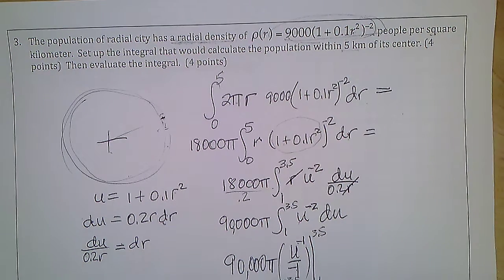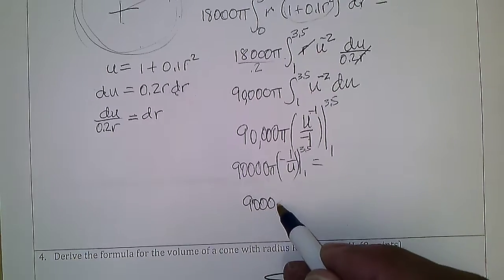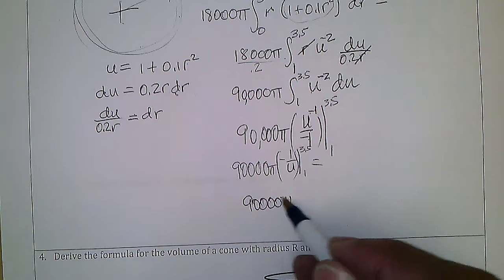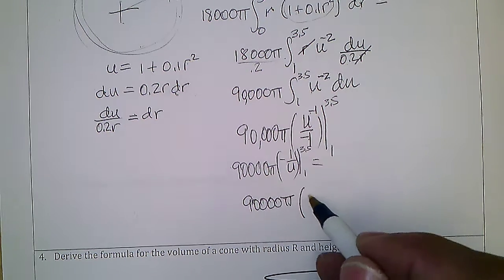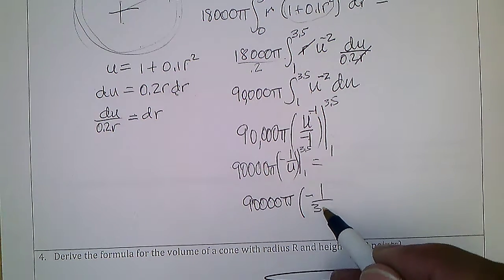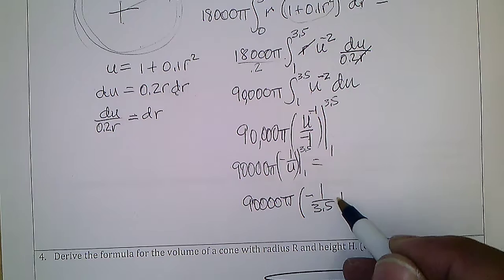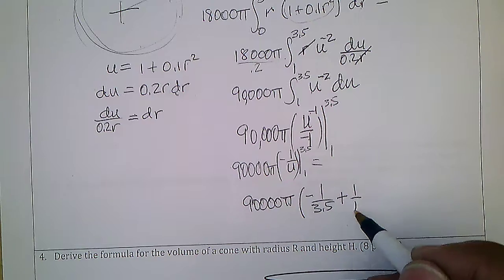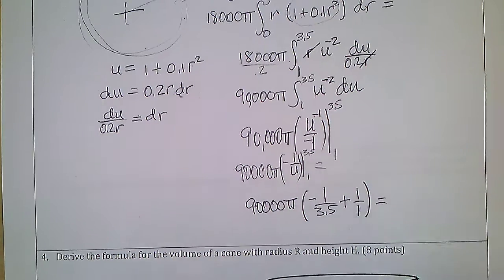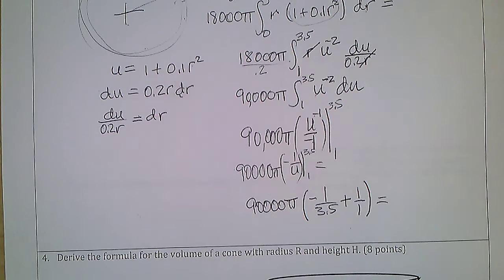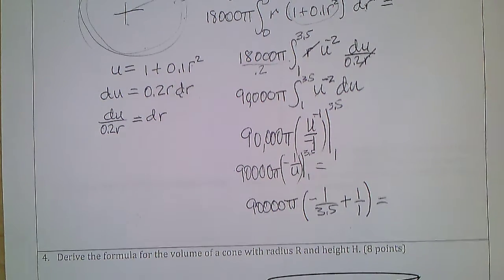So we get 90,000 pi times minus 1 over 3.5 plus 1 over 1, which comes out to be, oh, what was it?